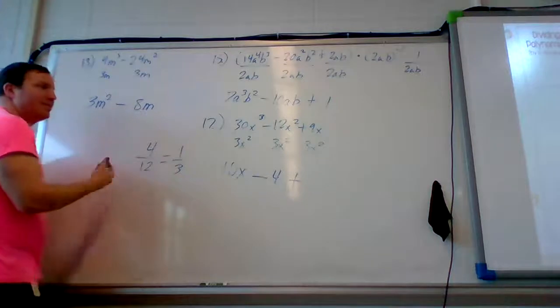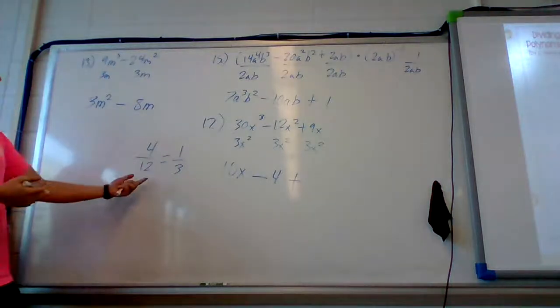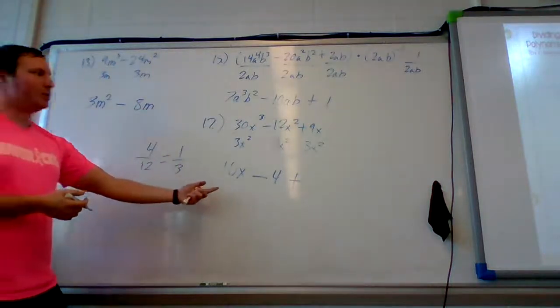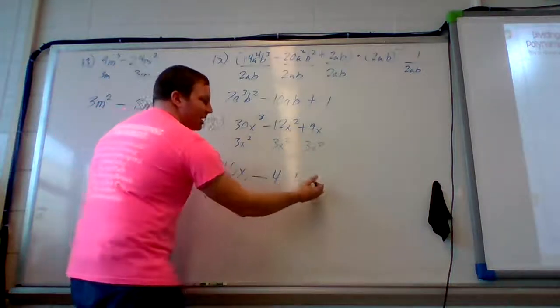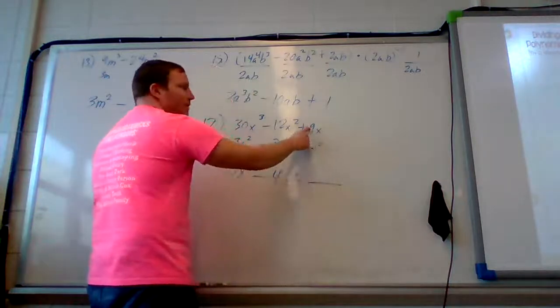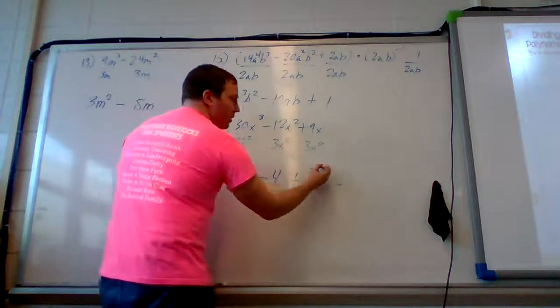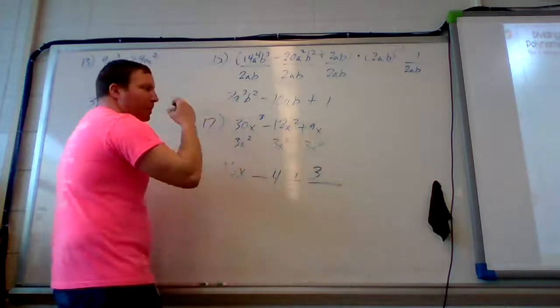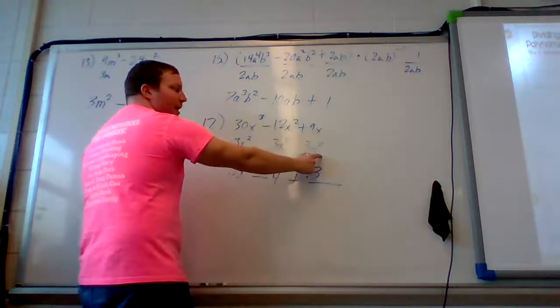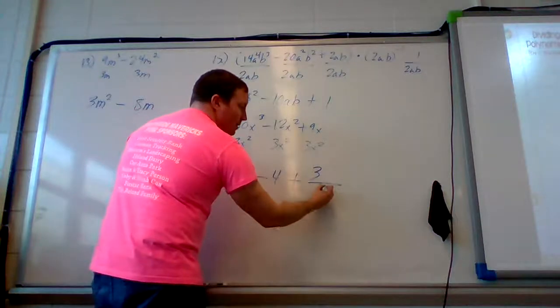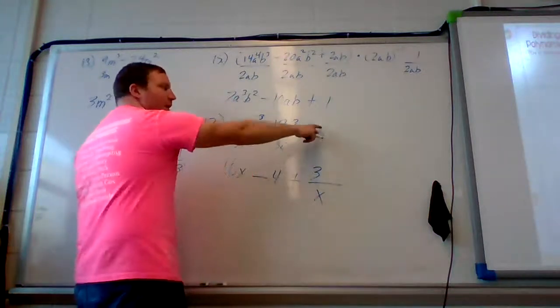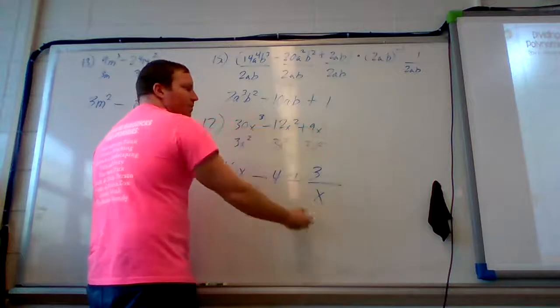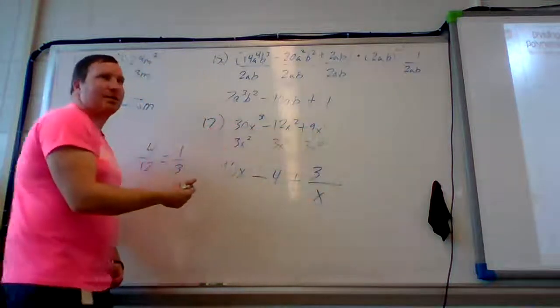Same idea is going to happen with a variable. Our bigger variable is going to stay in the denominator. So in this case, we have 9 divided by 3. Our 3 stays on top. But our x divided by x squared, our x squared is bigger. And we'll subtract that smaller number, that 1, from it. So we're going to have an x in the denominator.